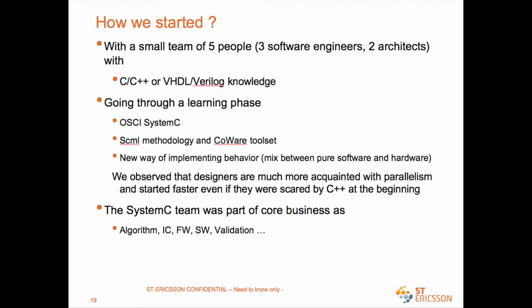I was the project leader of this platform, and there were 2 architects. The architects knew exactly what we had to put into the platform, and so we just started by typing some C or C++ code. Also, one person was a designer who came with a VHDL background.